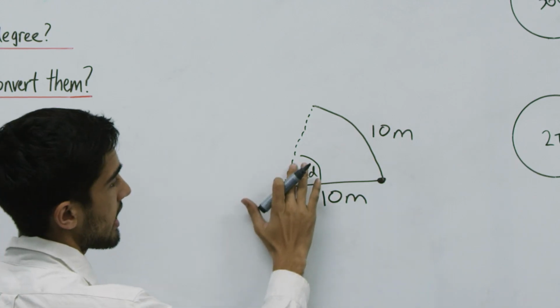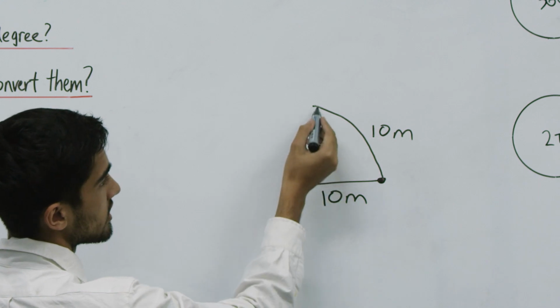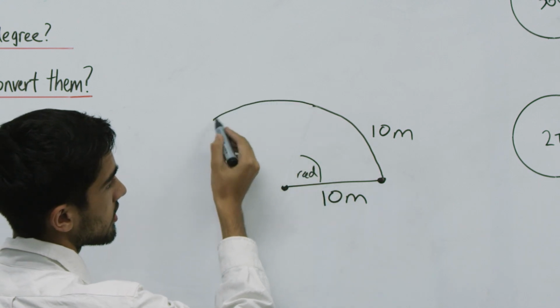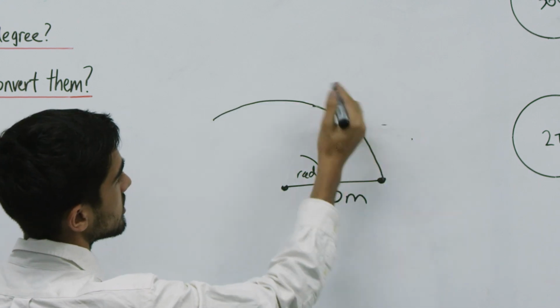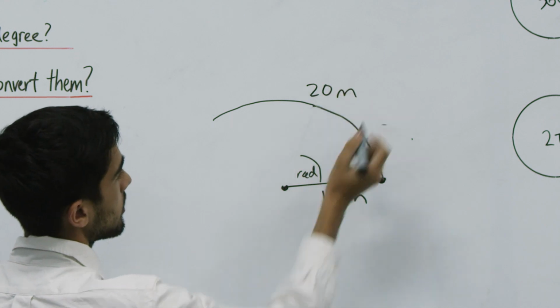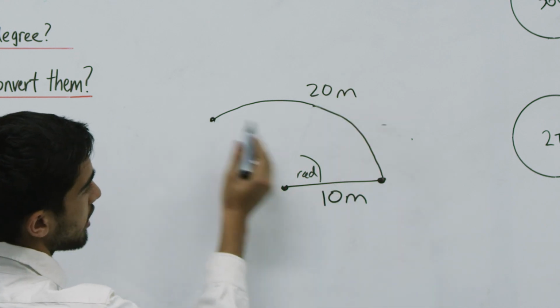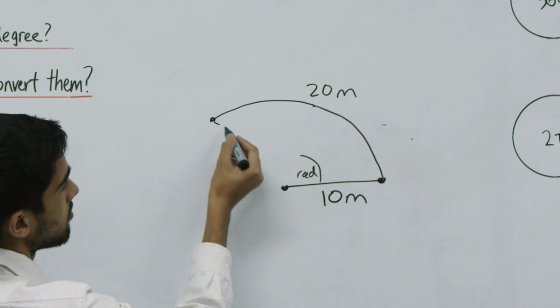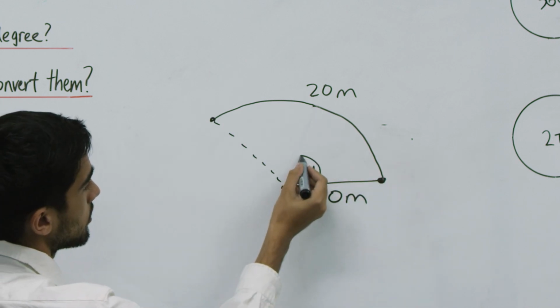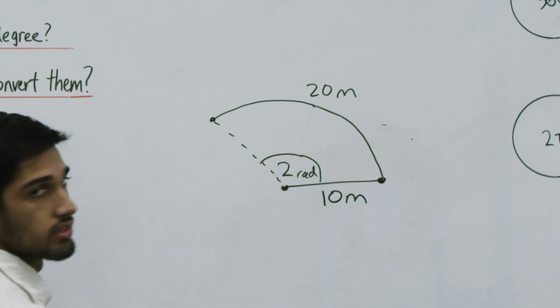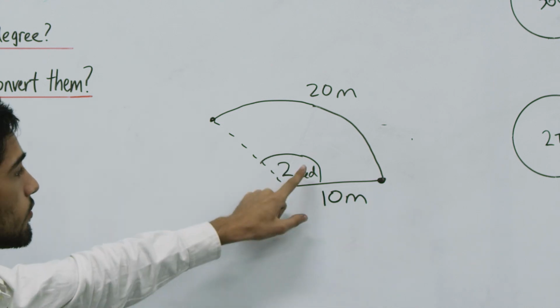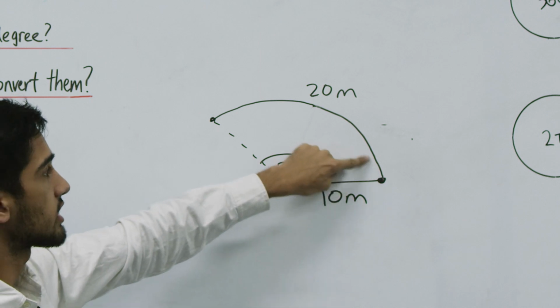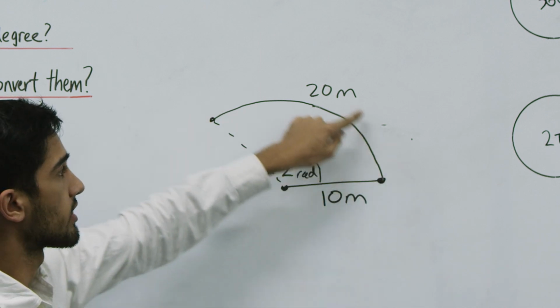If I was to then walk further, in fact a distance of 20 meters, the angle between the final point and the point I started would be an angle of 2 radians.